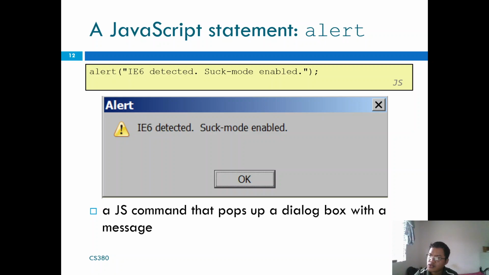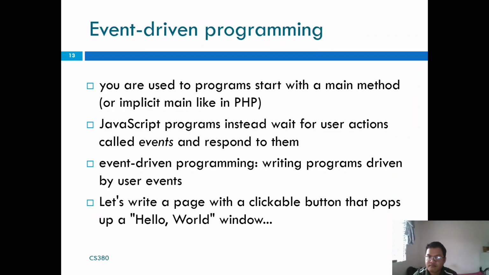So you put it there, whatever is inside the double quotes will be displayed in the dialog box. You have probably seen web browsers display a pop-up window somewhere near the center of the uppermost part of your browser. So that's JavaScript, guys. Okay? So now you know.